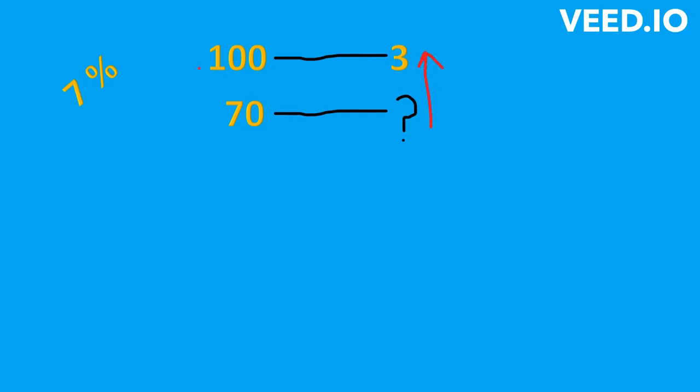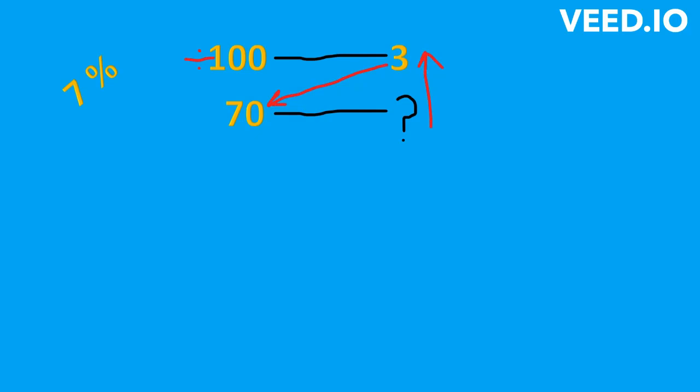So we have 3% here, for example. That means for 100 we are having 3. Suppose I ask you for 70 how many? Question mark above, opposite multiply, remaining division.